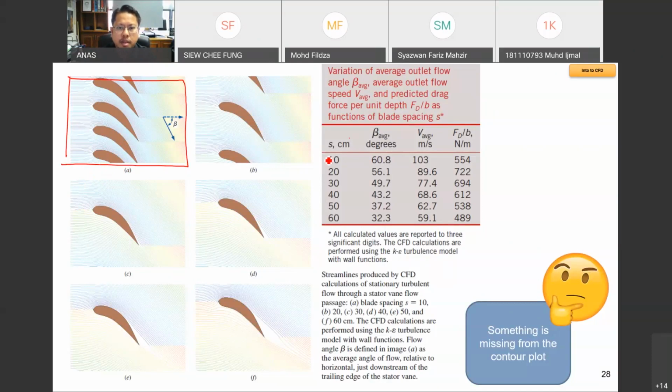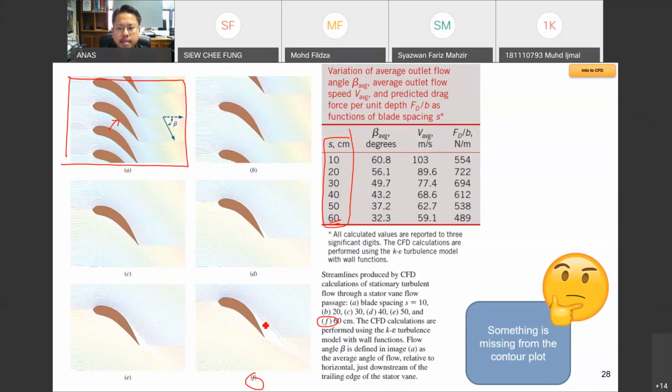If you look at S here, S refers to the separation distance. I think the separation distance here is smallest at 10 centimeter, and of course the largest at 60 centimeter. So if you look at F here, 60 centimeter separation distance, what you see over here is basically the streamline.